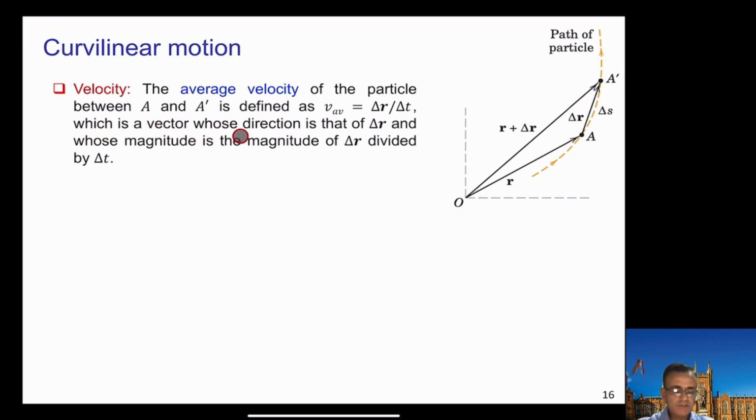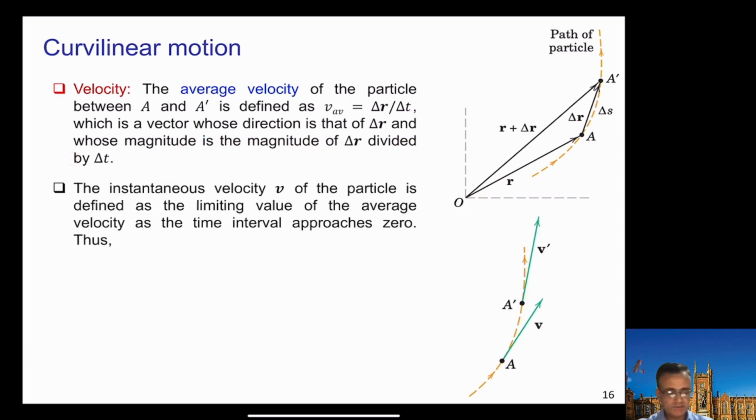This is a vector whose direction is that of delta r, and whose magnitude is the magnitude of delta r divided by delta t. Now, the instantaneous velocity v of the particle is defined as the limiting value of the average velocity as the time interval approaches zero. This is a similar definition to what we did in the previous case.